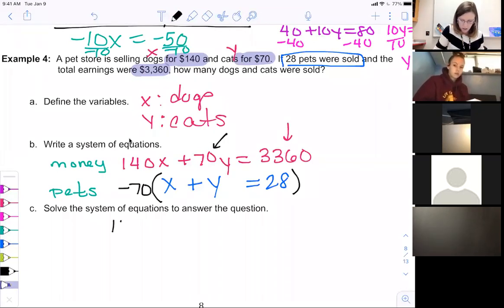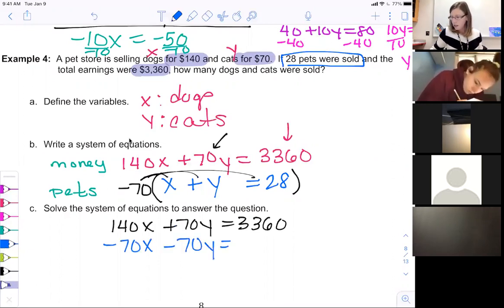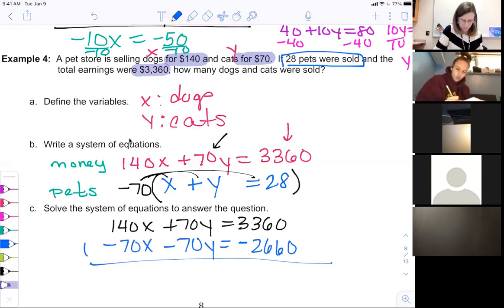So the first equation stays the same. The second equation distributing 70: negative 70x, negative 70y, and then 3360 times 70. That's a big number. Oops, wrong number. How about 28 times 70? Whew. Negative 2660. That's what I got. That looks better. So 28 times negative 70.